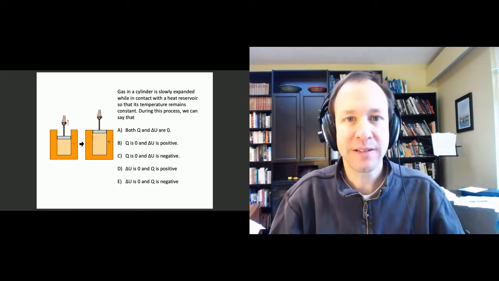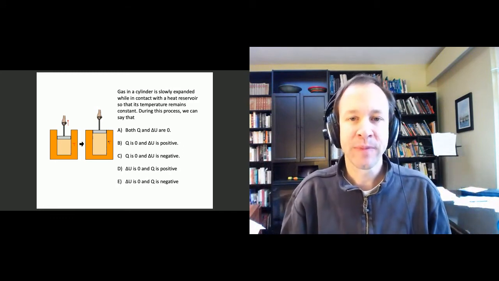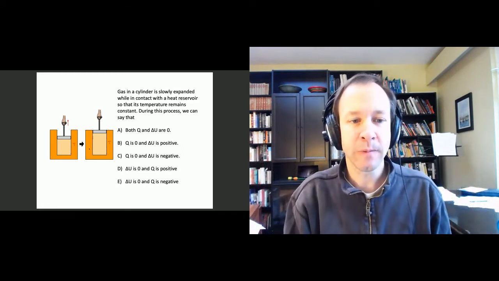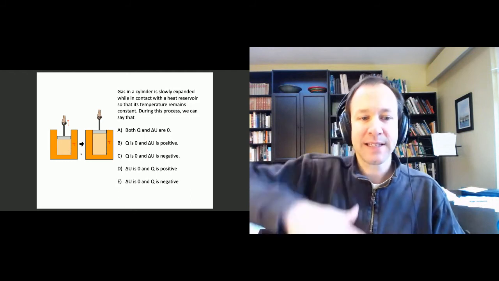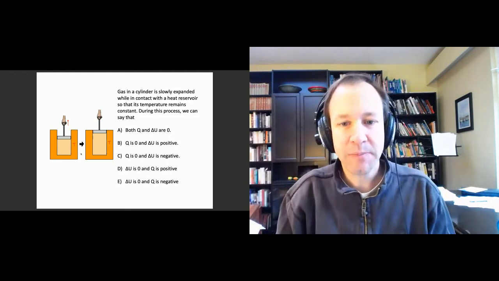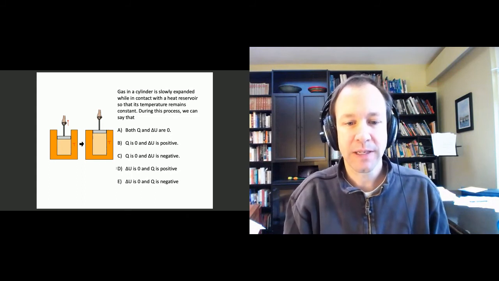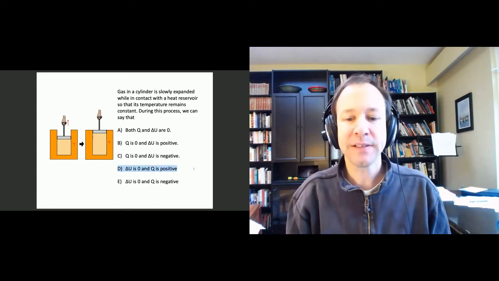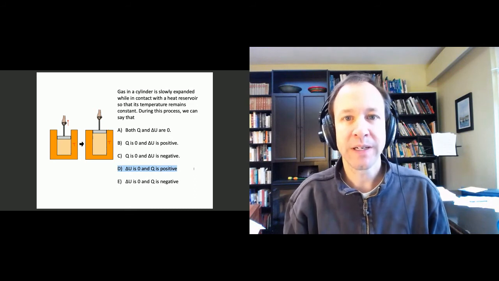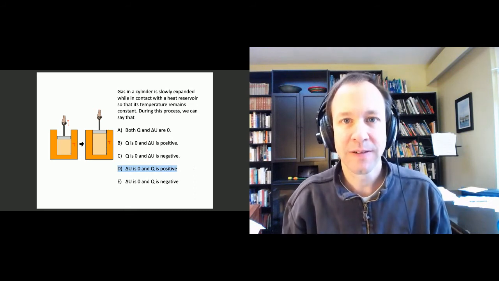And then we can understand what's going on. Because Q equals W, and because the gas is expanding, W is positive, and so Q is going to be positive. So the answer in this case: delta U is zero, but Q is positive.